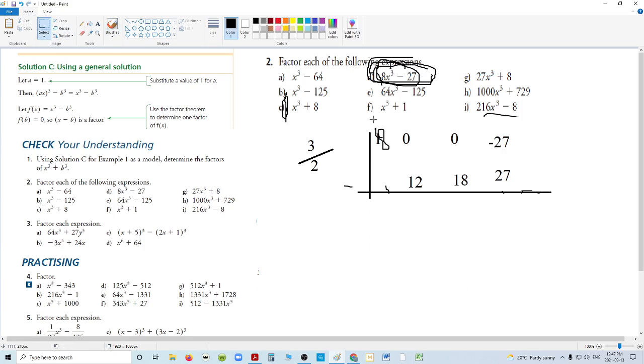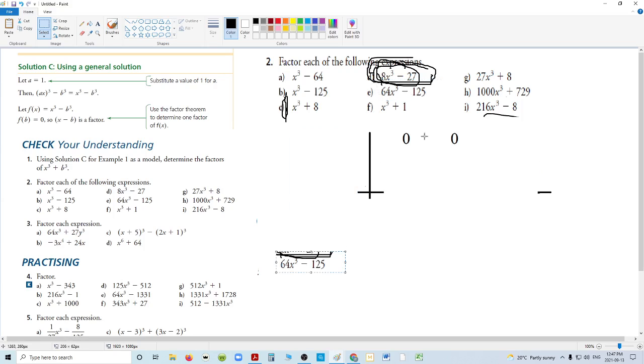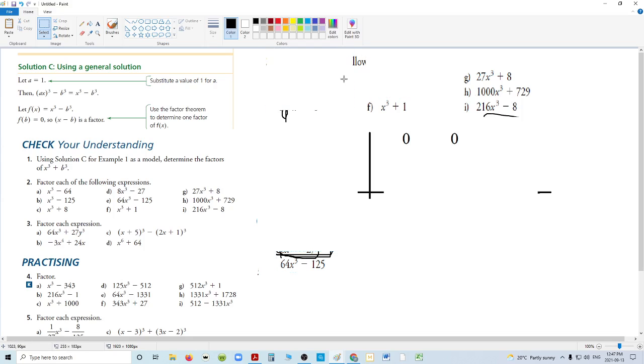Okay, so let's look at the terms again. Now I'm going to start canceling out that first term, because it's not always 1 now. And we're looking at this one. Realize that we're dealing with these now. What is the cube root of 64x cubed?